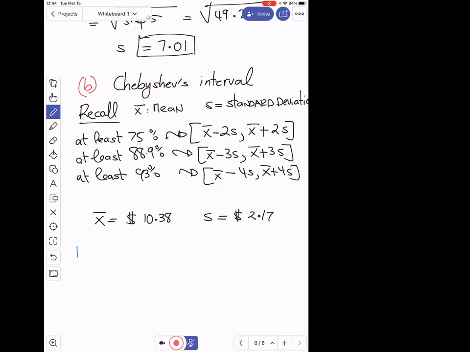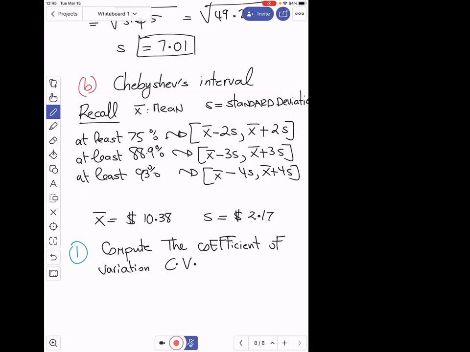We need to compute the coefficient of variation, denoted by C.V., okay?